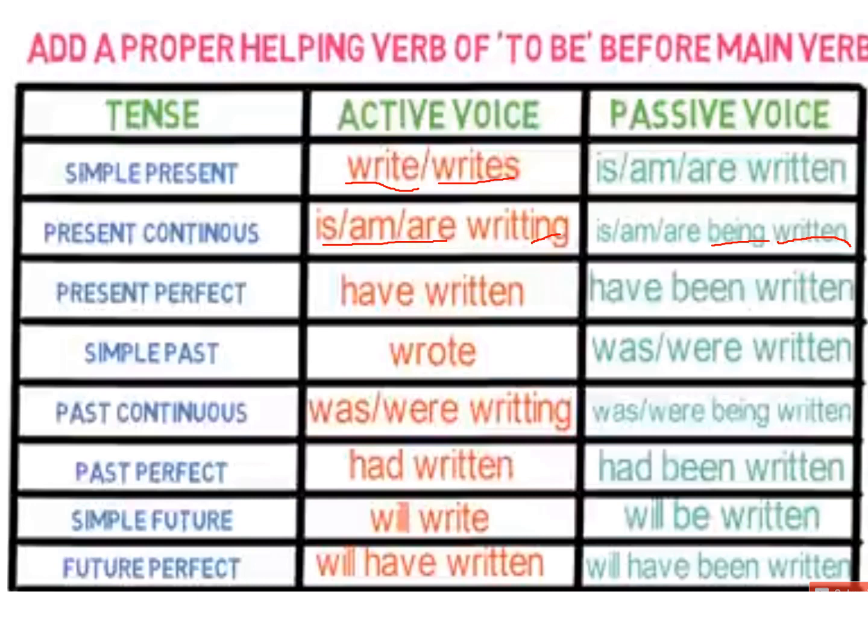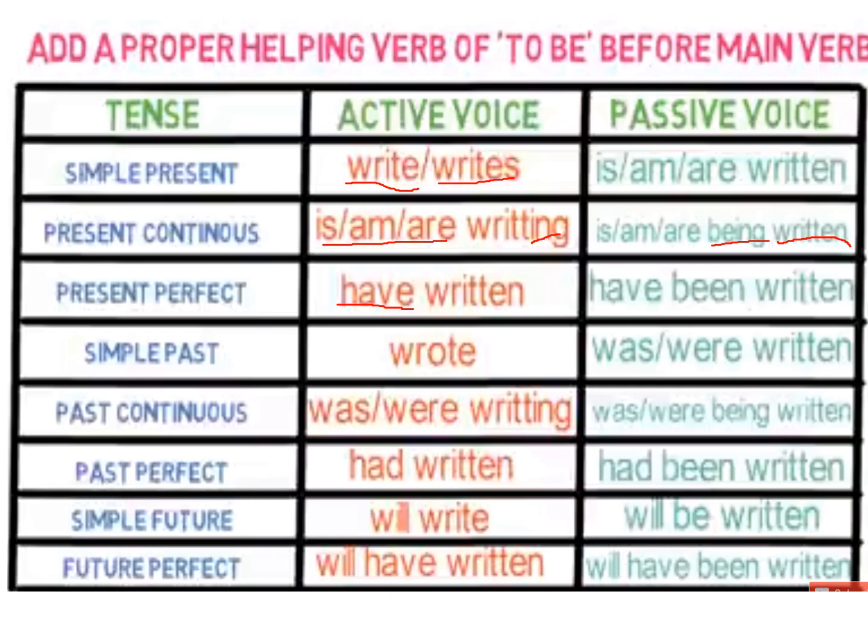If the sentence is in the present perfect tense, then the main sentence, if it is he has written a letter. If have or has is there depending upon the number, then we have to be very careful.